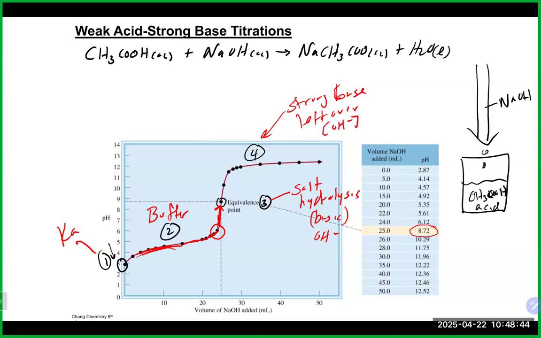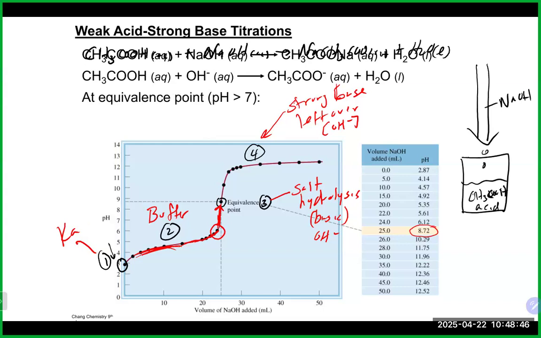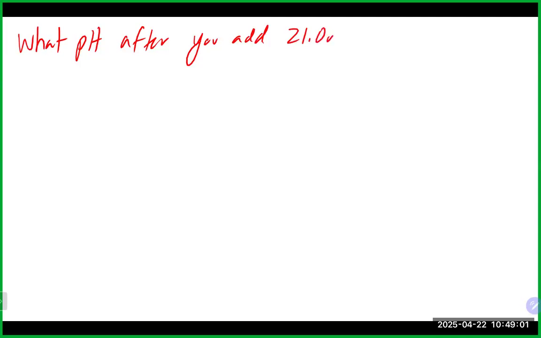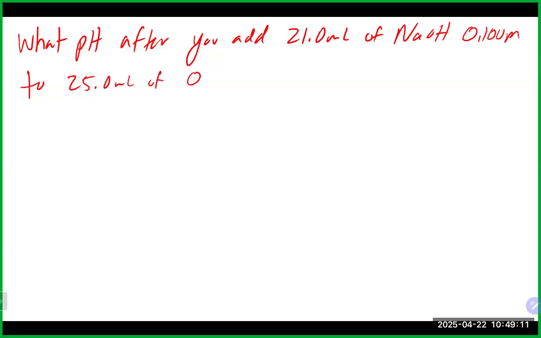All right, let's try one here. Let's try this one. Why not? Let's do, what is the pH after you add 21 milliliters of sodium hydroxide, 0.1 molar, to 25 milliliters of 0.1 molar acetic acid?